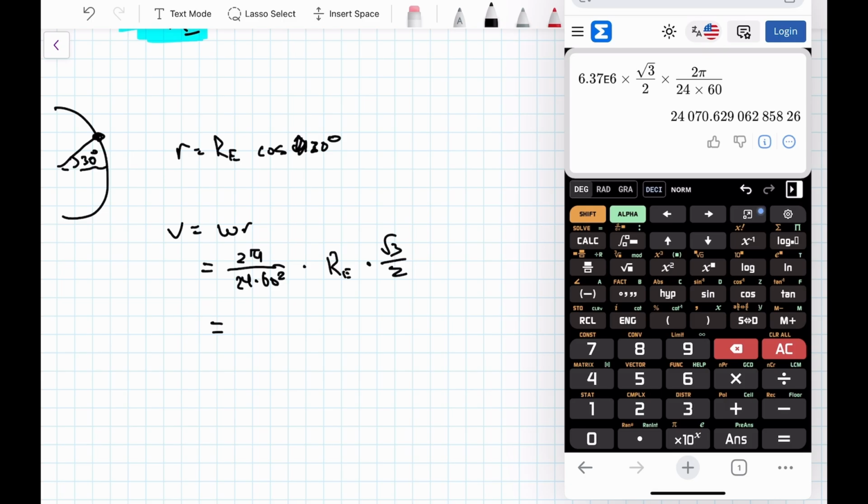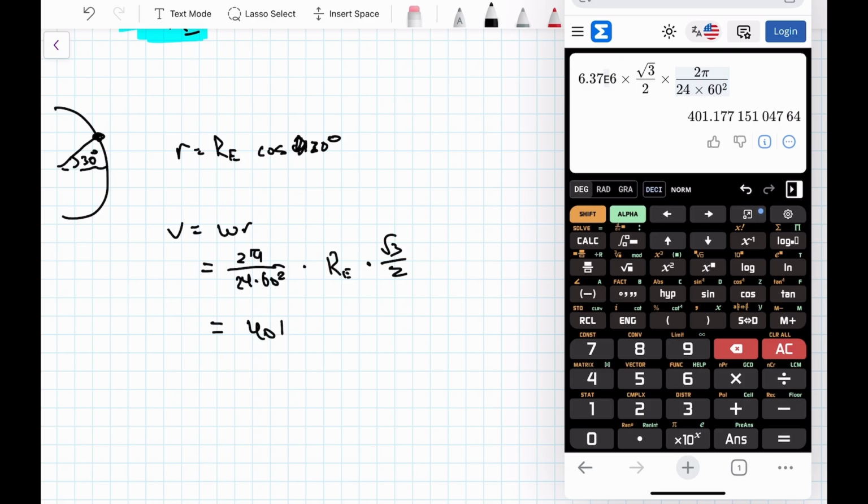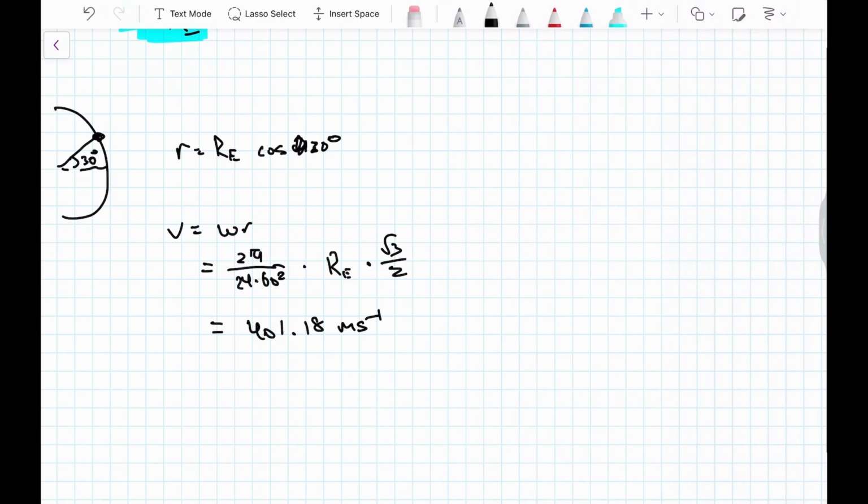That is 401.18 meters per second, and that should be the answer to the question.